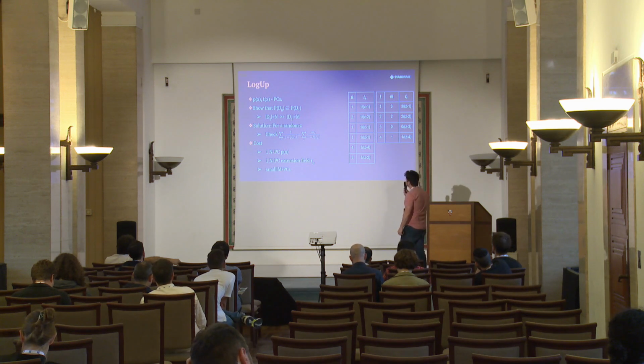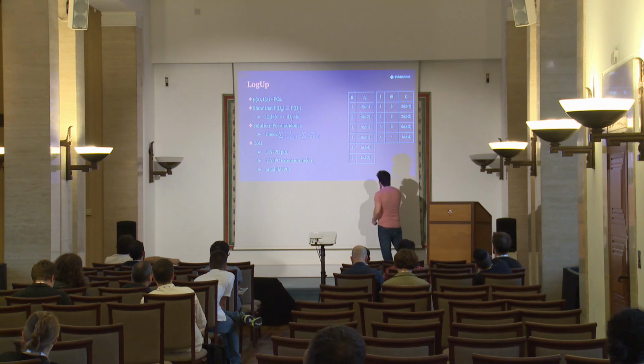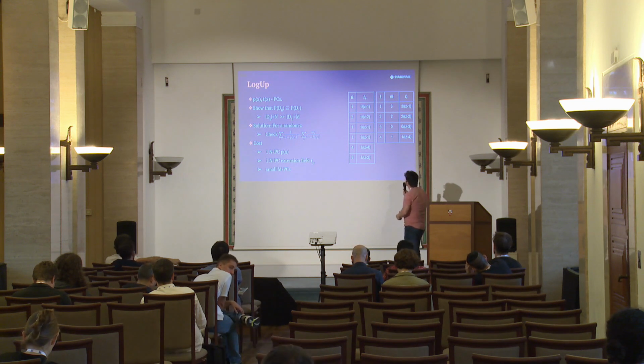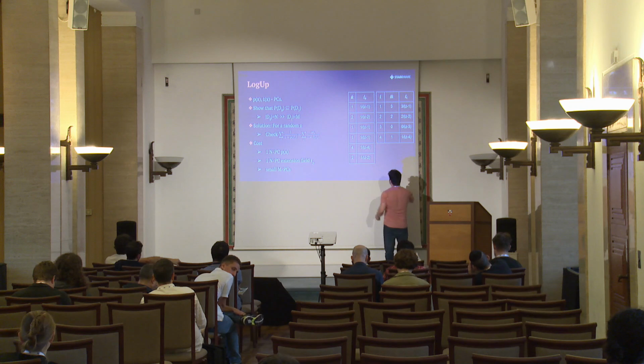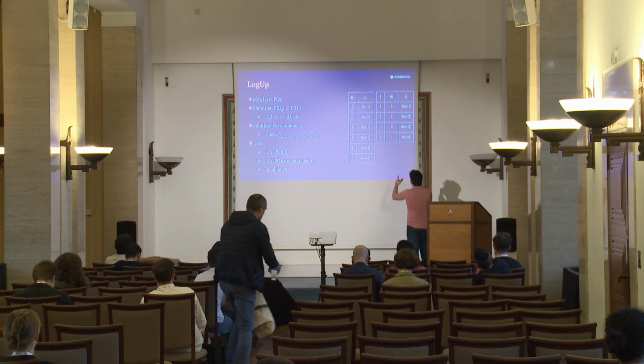All right, what is the cost of this thing? Like previously, we have one commitment on P. We have an extension field commitment of 1 over the values, because we need to compute 1 over the values to be able to sum them. And we have the same thing on the right side.